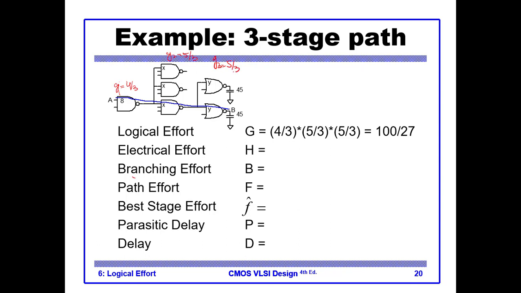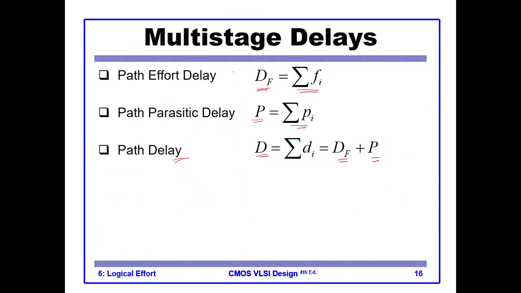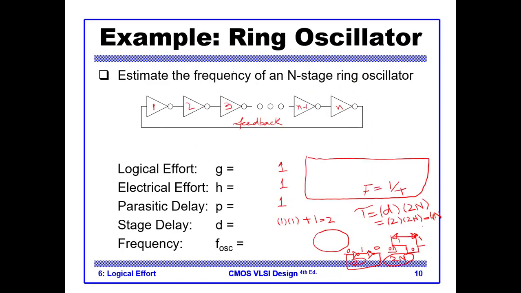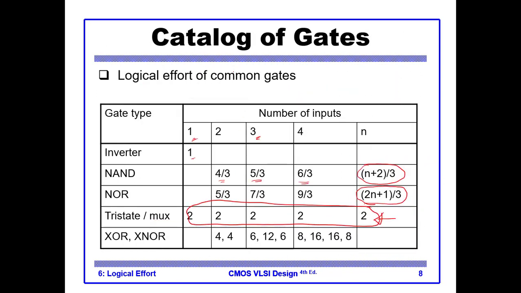If you are unsure about this, you can use these formulas. For a NAND gate, it is (n plus 2) divided by 3. So when n is equal to 2, it is 4/3.